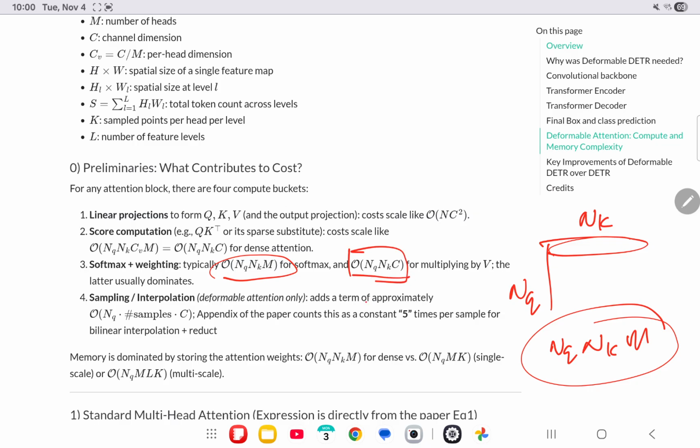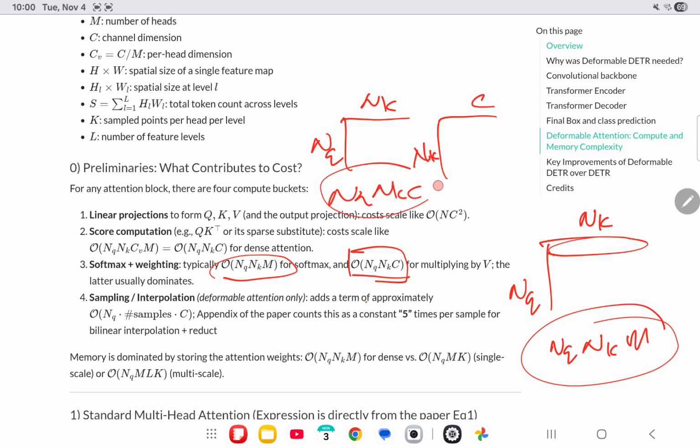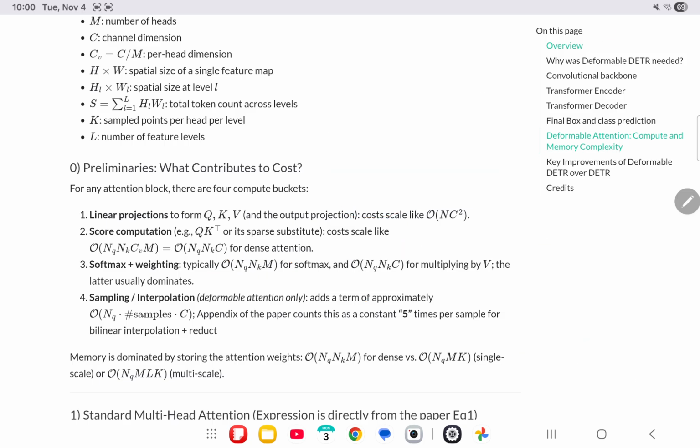You have N_q by N_k, and your value matrix is N_k by C, so this will be N_q, N_k, C. That is the softmax plus weighting.